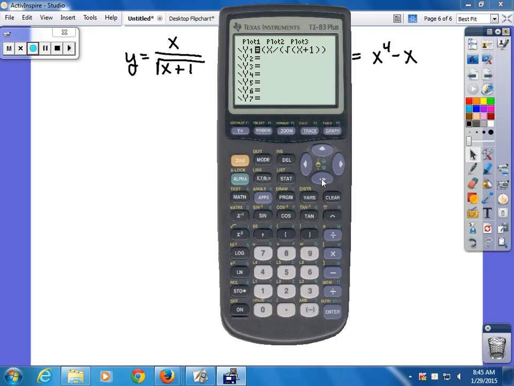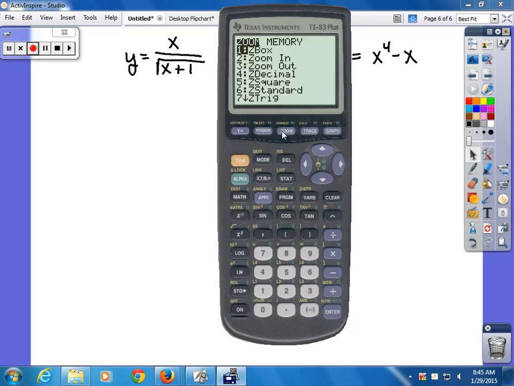And your next one is x to the 4th minus x. I'm going to change them a little bit, I'll make this one darker, and let's see what it looks like. There's the first one, and there's the second one.